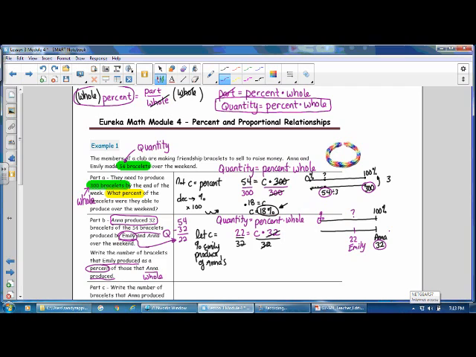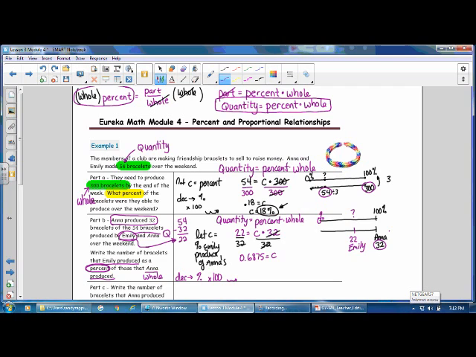When we divide 22 by 32, we get 0.6875. And that is a decimal. And this question is asking what percent. So we want to change the representation of this to a percent. Remember, when you change a decimal to a percent, you are multiplying by 100. And when you multiply by 100, the shortcut is to move your decimal 2 places to the right.